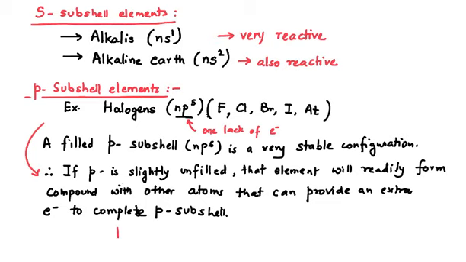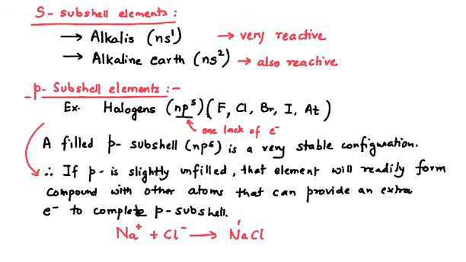For example, these halogens have a slightly unfilled p orbital. We know that sodium can easily give one electron to chlorine, and so what happens is Na+ and Cl- become NaCl.